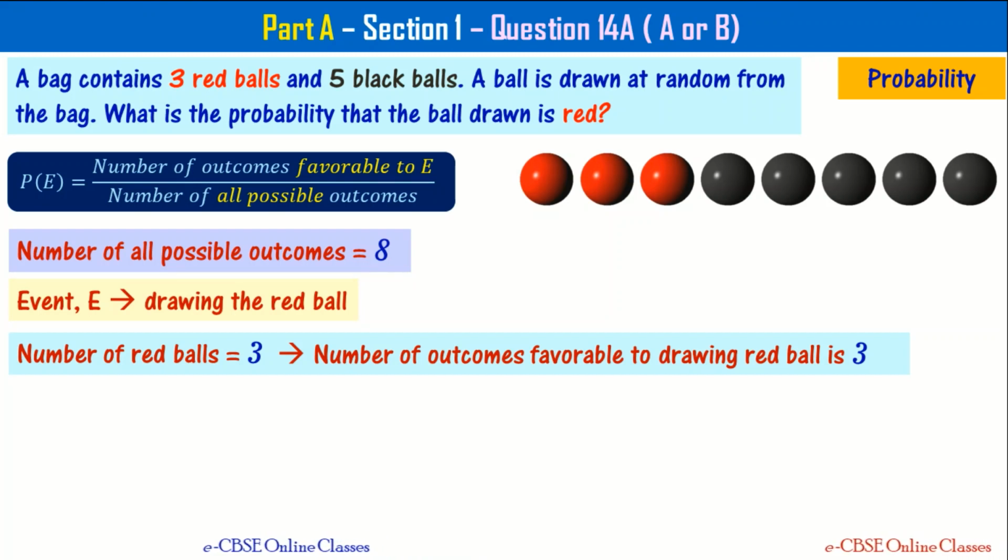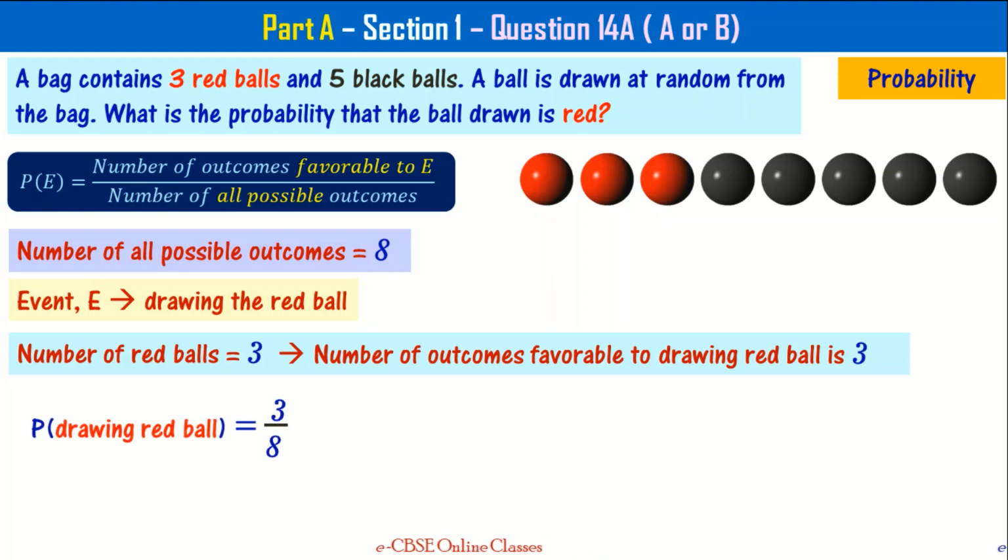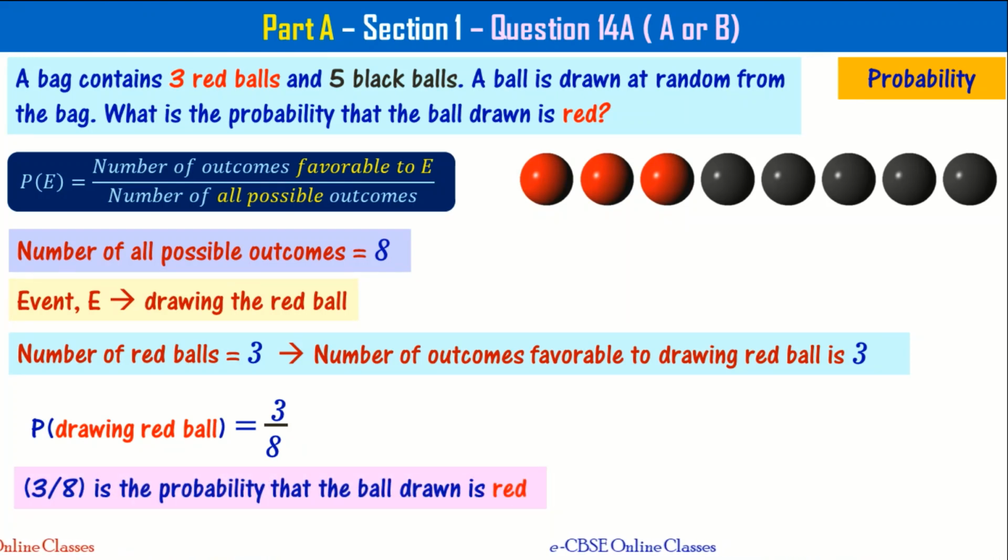When you randomly pick, you tend to pick 3 red balls. So you got the value for the numerator also. Let's substitute them. So P of drawing a red ball is equal to 3 by 8. So to answer the question, 3 by 8 is the probability that the ball drawn is red.